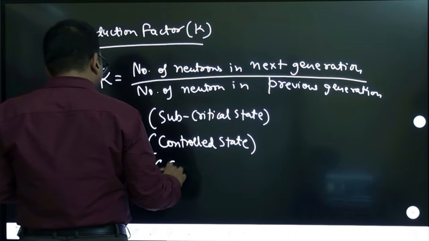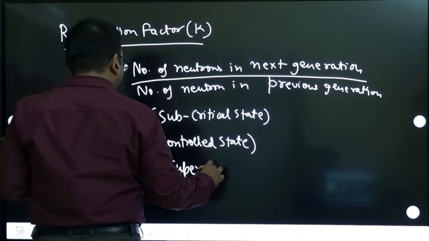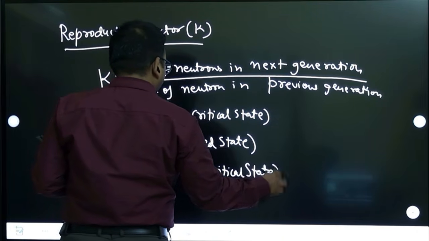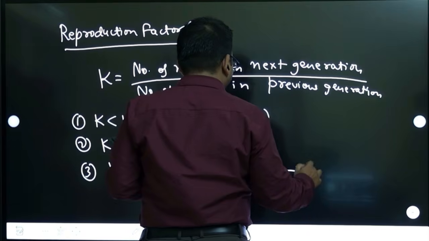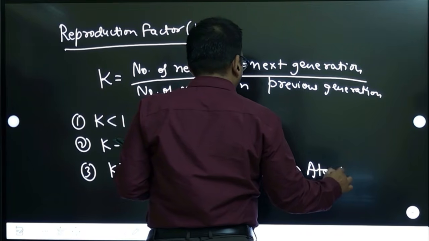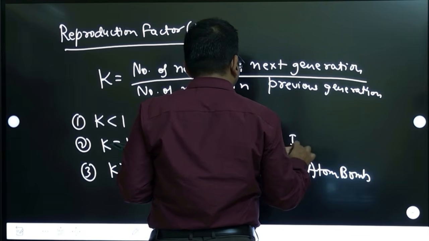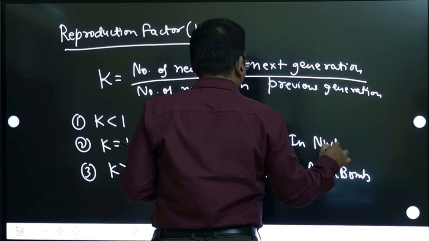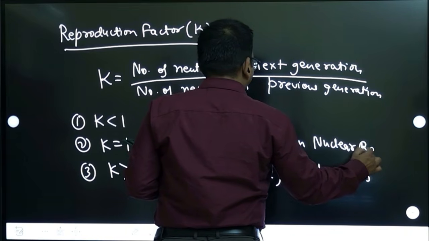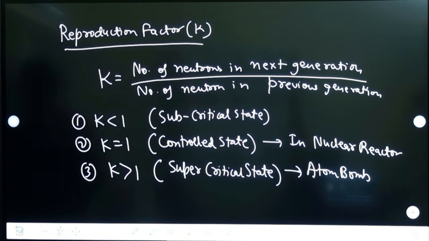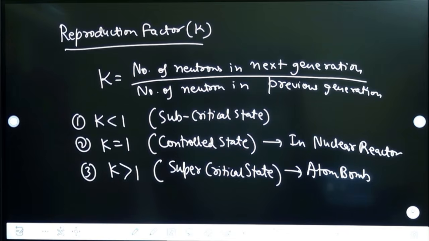K greater than 1 is called the supercritical state, and this is what happens in an atom bomb. The controlled state means it happens in a nuclear reactor. Subcritical means you cannot have further reaction.